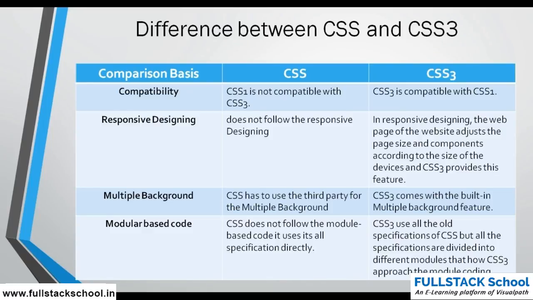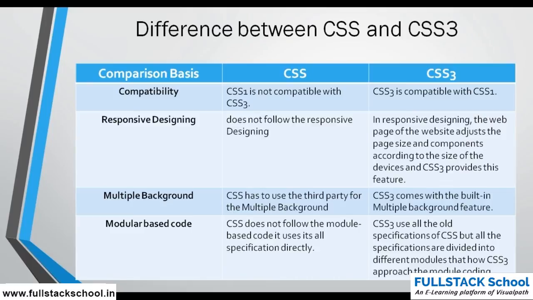Responsive design: CSS does not follow responsive design, but CSS3 does. The web page of the website adjusts the page size and the components according to the size of the devices, and CSS3 provides this feature.